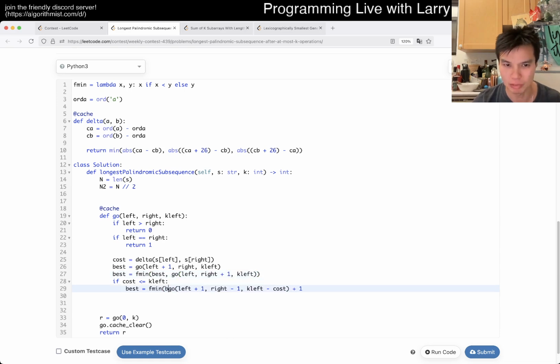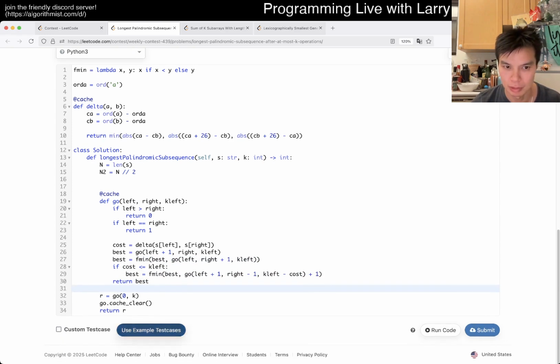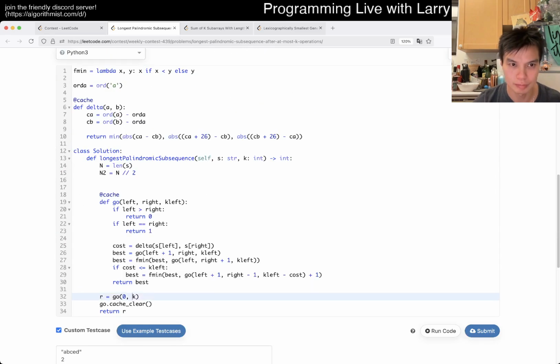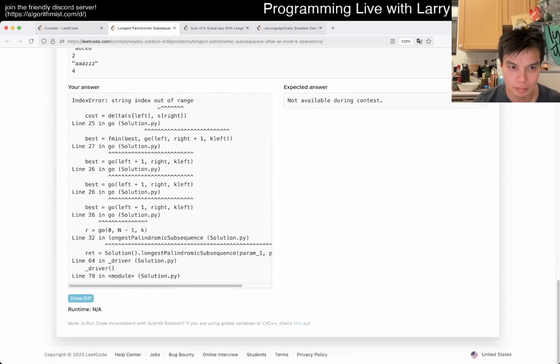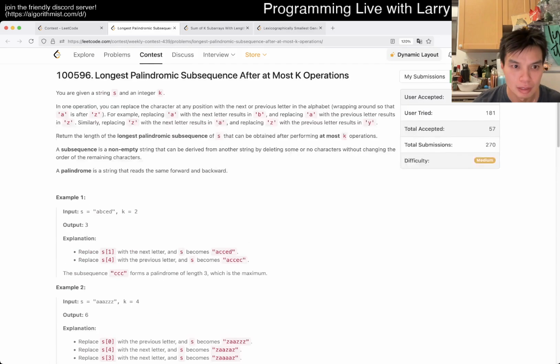I mean, I know this is right, but I don't know if this is fast enough. I think that's my problem. Oh. Oh, whoops. Well, I mean, minus typos, it should be right.